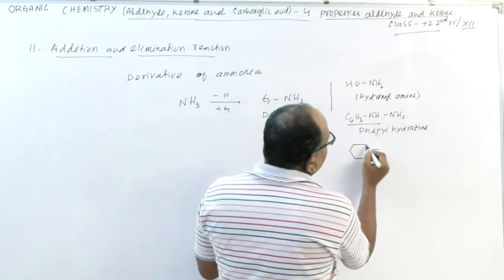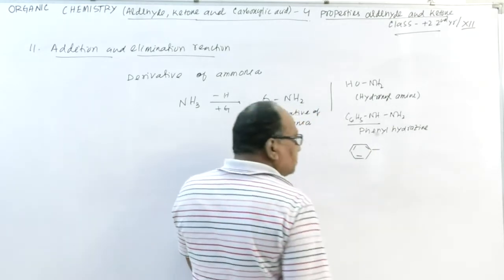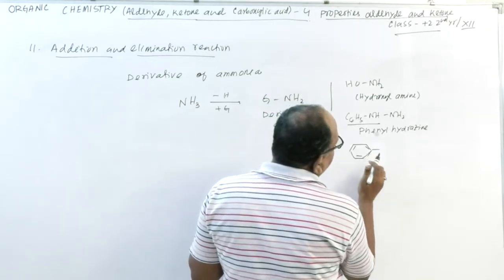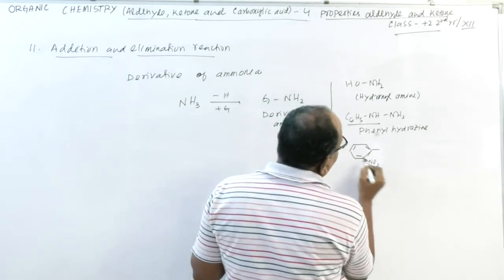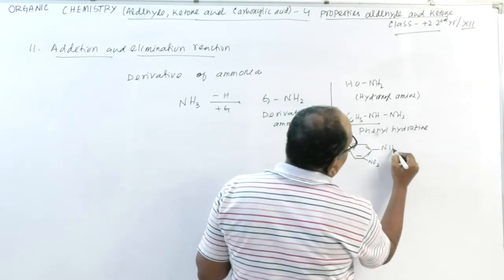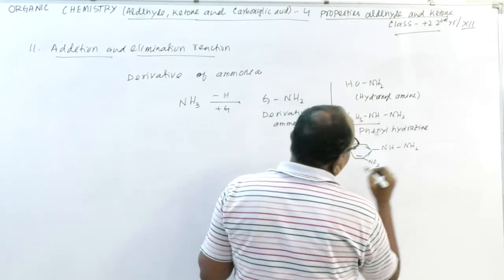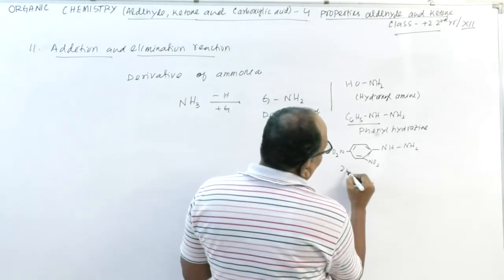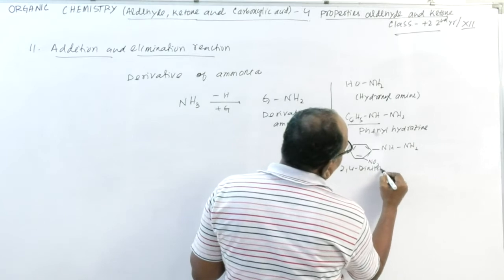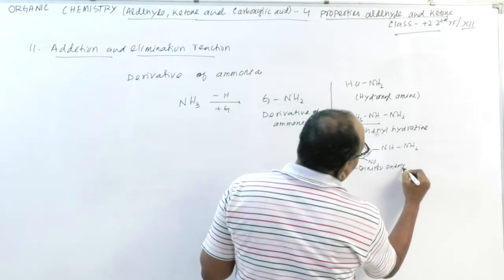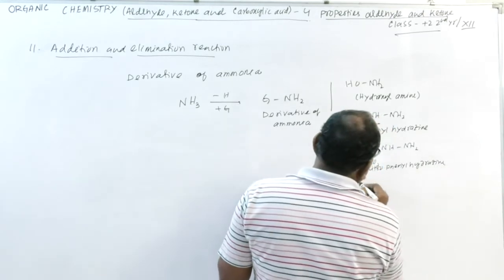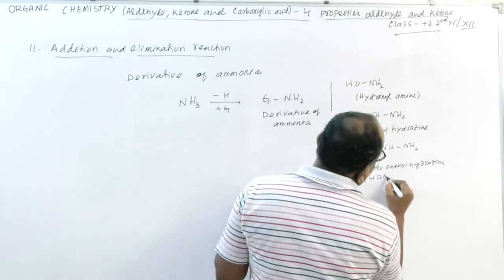If the benzene ring is substituted by nitro groups, this is a NO2 group, this is another NO2 group, and this is NH NH2. This is called 2,4-dinitrophenylhydrazine, shortly 2,4-DNP.